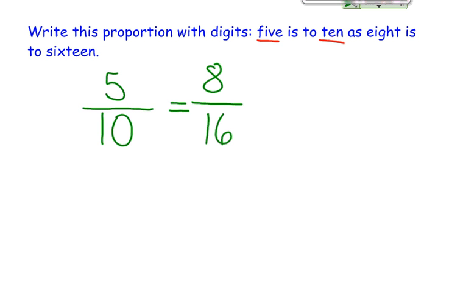And as you look at those two proportions that are down there, you say, yes, those are equal because both of them are 1/2, right? 5 is half of 10, just like 8 is half of 16. And even though, as you look at 10 to 16, you might say, well, how does 10 become 16? You might not see that connection. The connection you should see is that they are both equal to 1/2. And so we know that they are what we would say proportionate or proportional because they are the same.